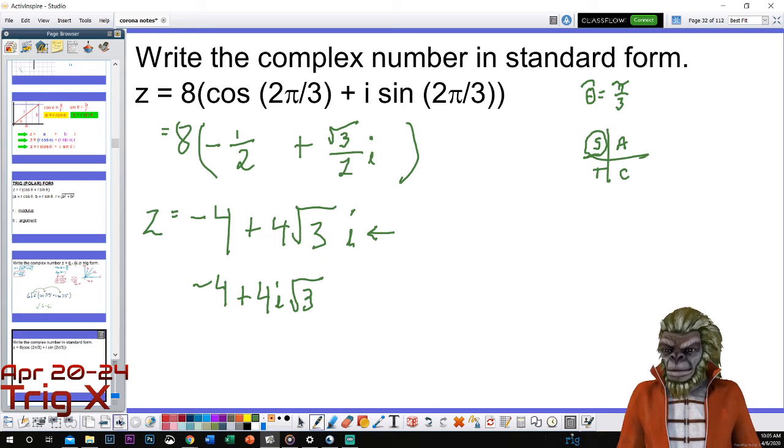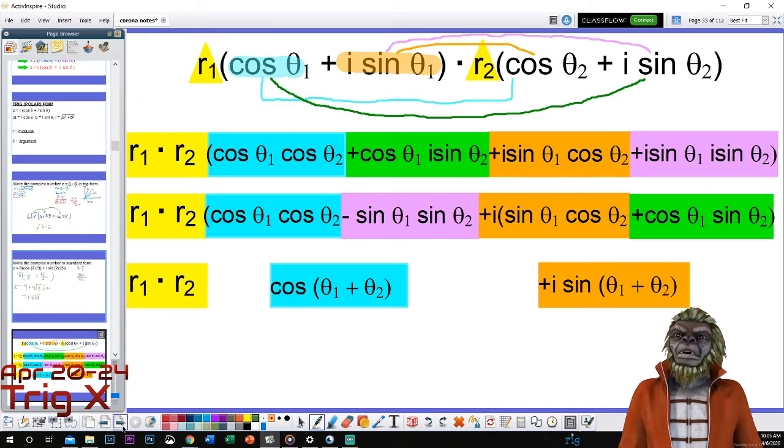Alright, moving on. This is a cool, huge, long proof showing you two of these in trig form multiplied together. I multiplied using FOIL, I combined like terms, I got some beautiful stuff, and this ended up being my final answer once I simplified everything.